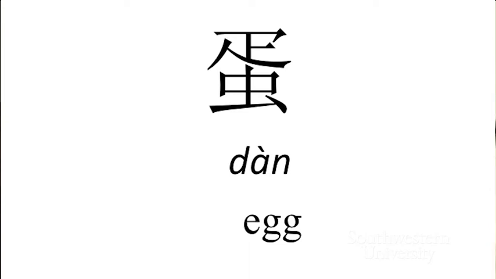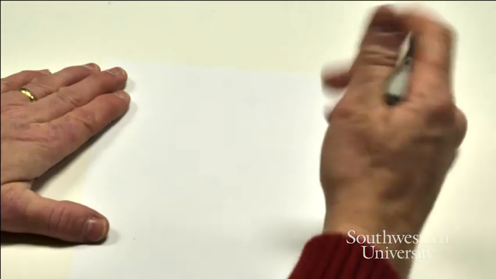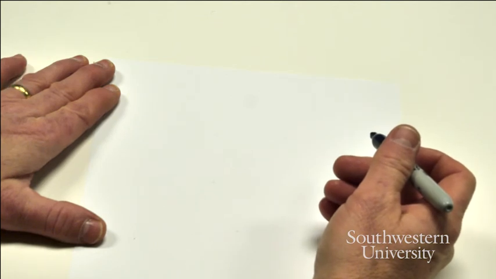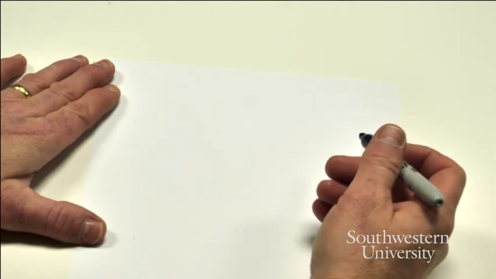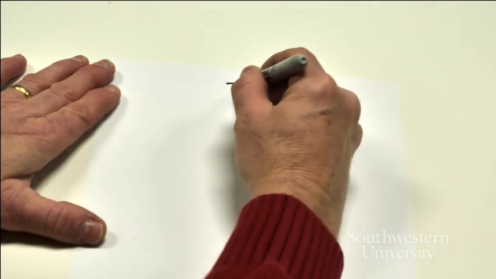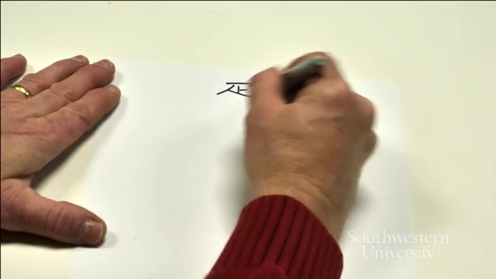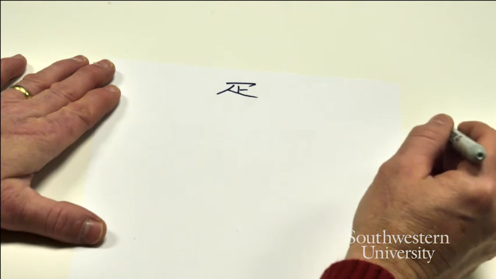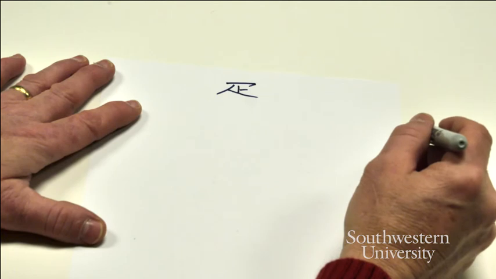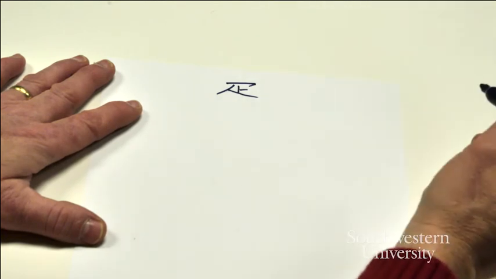Dan. In dan gao, dan is a hen's egg, an egg. So the top part is a component from a different phonetic. Oh, no, excuse me, that's just a phonetic.